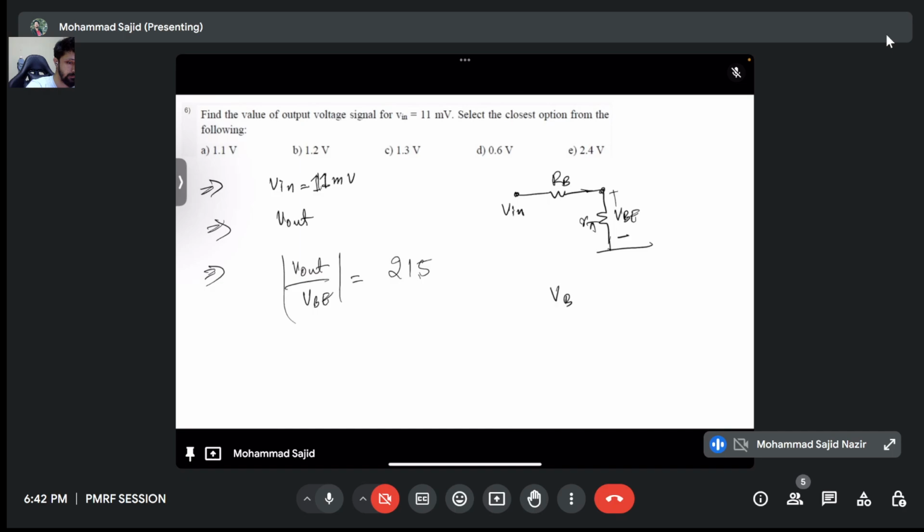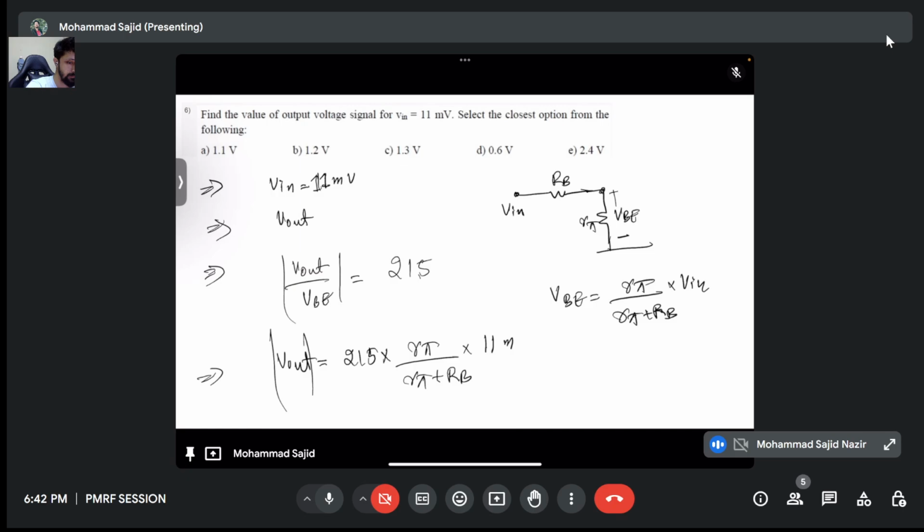So my VBE will be R pi divided by R pi plus RB times V in. So V out will be 215 multiplied by VBE, that is R pi divided by R pi plus R base multiplied by V in. We need to just calculate the magnitude, so this will be 11 milli.